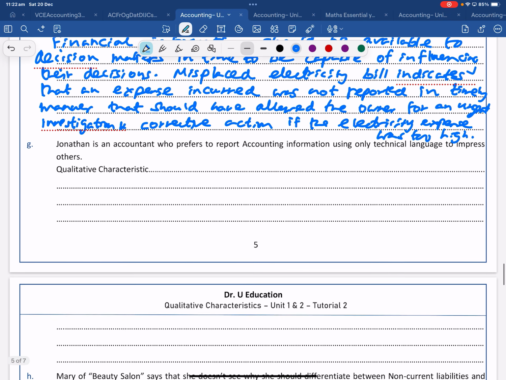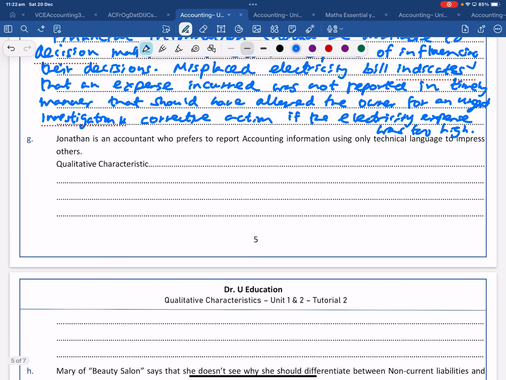We would say Jonathan should refrain from using technical language that may not be comprehensible to others, and as a result people may not be able to make decisions, right? Rather than that, he can present them in simple language, and probably include charts, graphs, etc., for the people to understand, right?